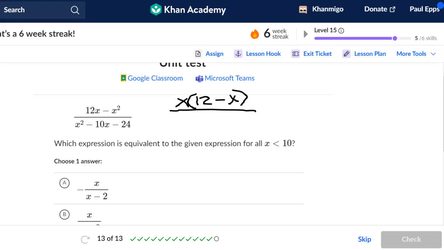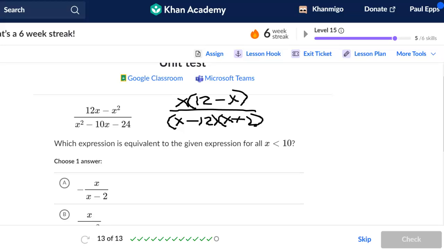So let's do this. x, let me figure out the signs in a second here. 12, and we have x and 2. So we need negative. That needs to be negative. It needs to be positive.